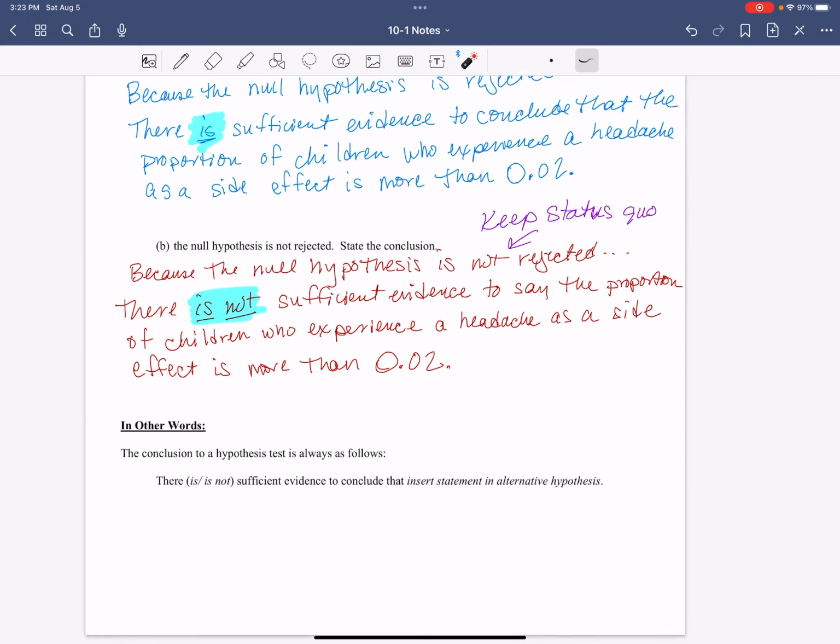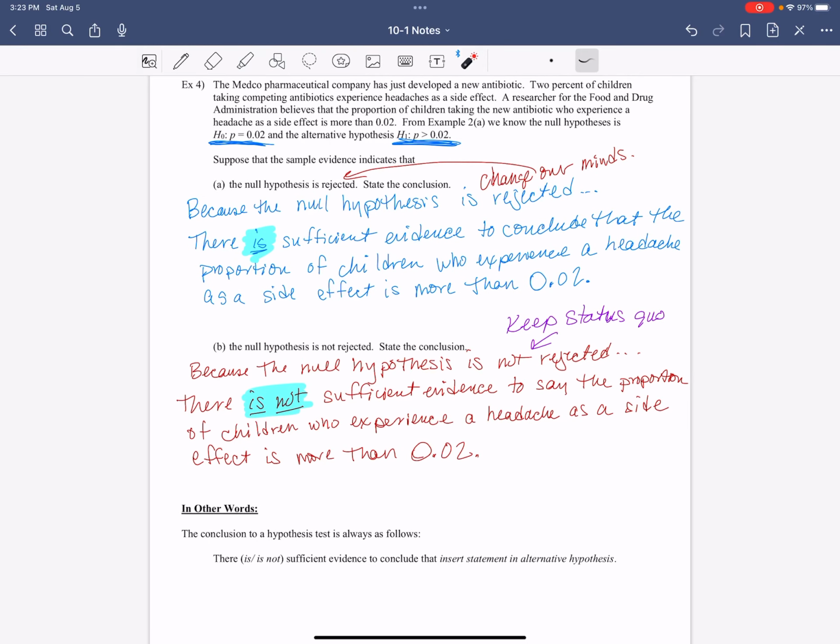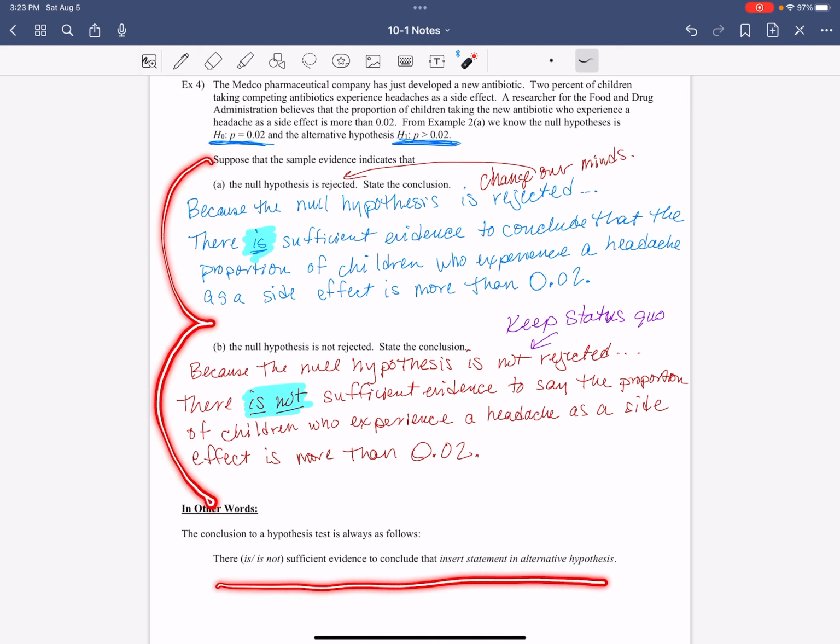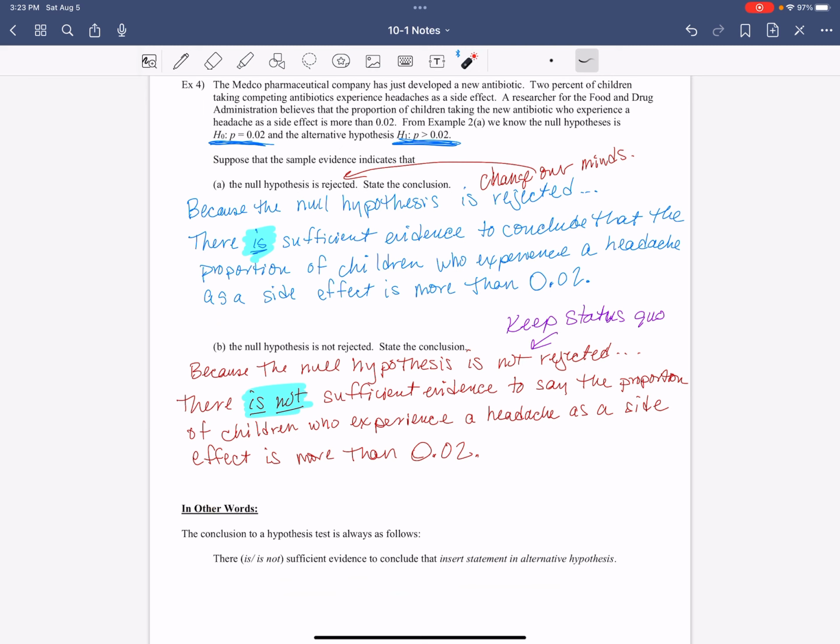So at the bottom of every single problem that we are going to do as we move forward, we're going to get a null, we're going to get an alternative hypothesis, and then we're going to do our work. And at the very end, you will always make this statement. Get the information from your problem and determine if there is or is not sufficient evidence. And then that is how you know whether to reject or not reject.